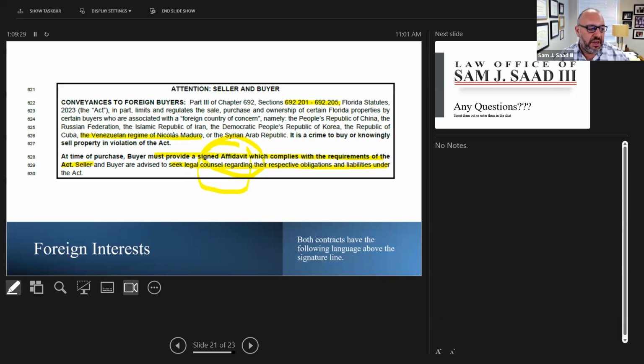The guidance says that if, as a realtor, you facilitate a transaction and the buyer is Iranian or Russian and lives in Russia or Iran, you would not be liable. The affidavit is going to come from FREC eventually, but we have one from our underwriter. So just be careful about that.